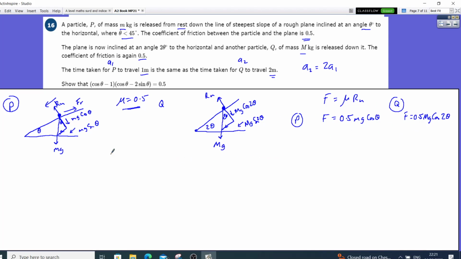Now we've got that, let's start. What we've got here is mg sine theta coming down, minus the friction which is going against it, 0.5 mg cos theta, and that equals mass times acceleration.